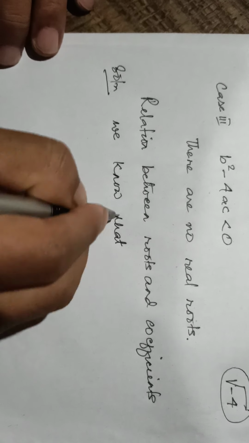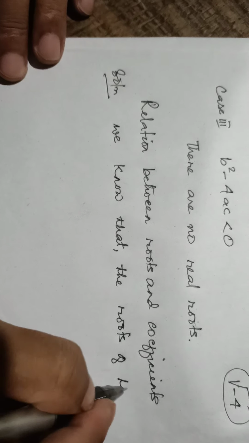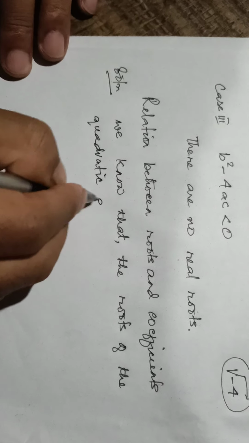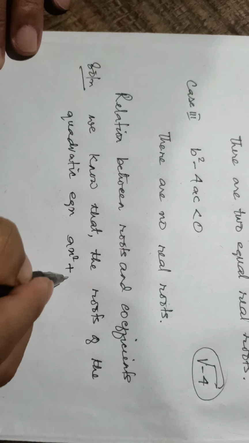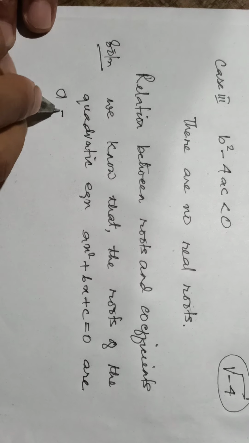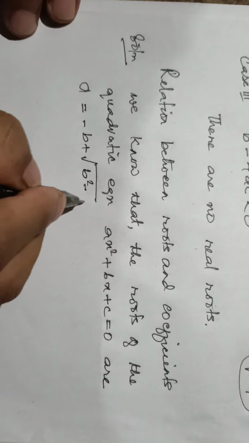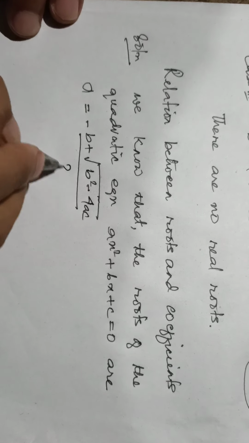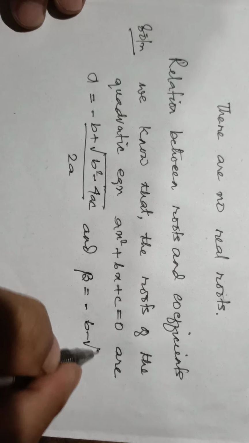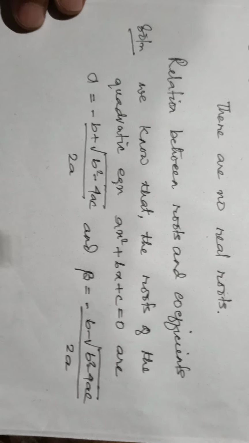We know that the roots of the quadratic equation ax² + bx + c = 0 are alpha = (−b + √(b² − 4ac)) / 2a, and beta = (−b − √(b² − 4ac)) / 2a.